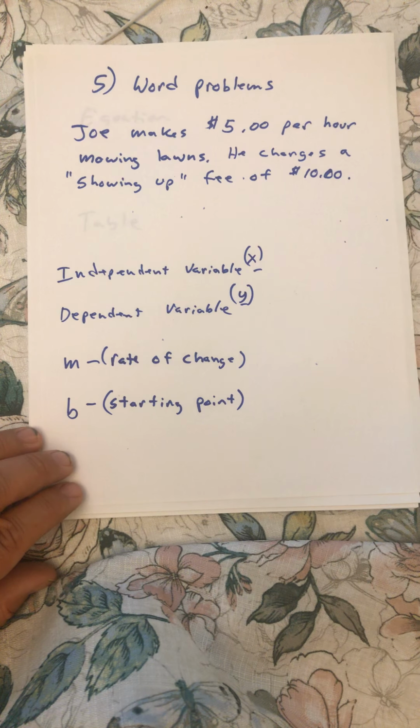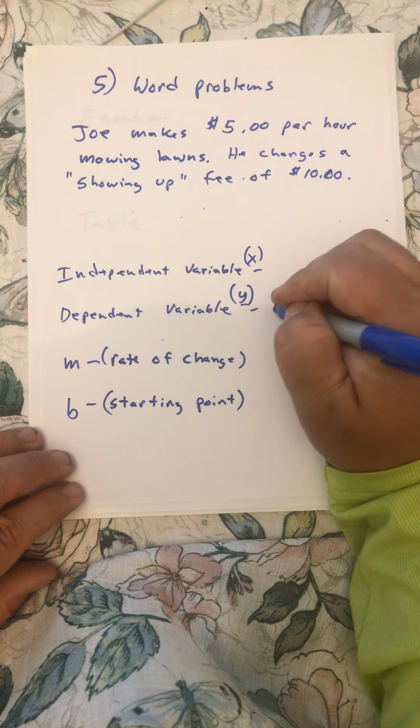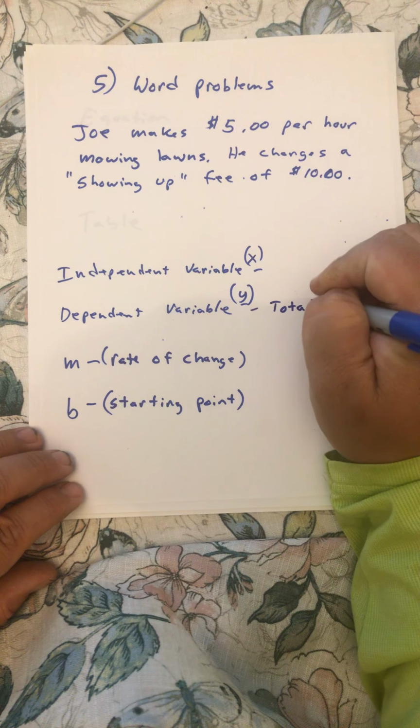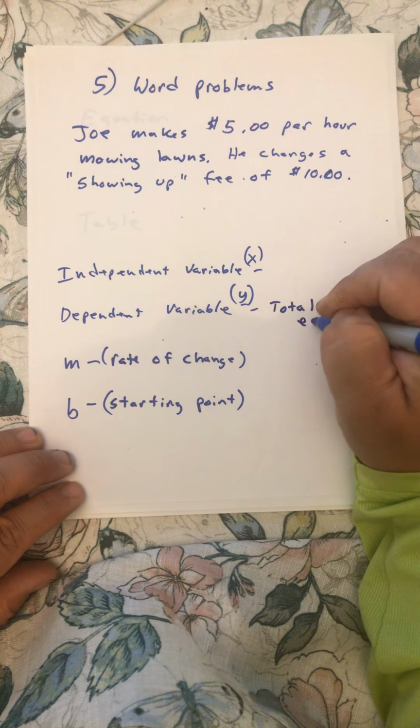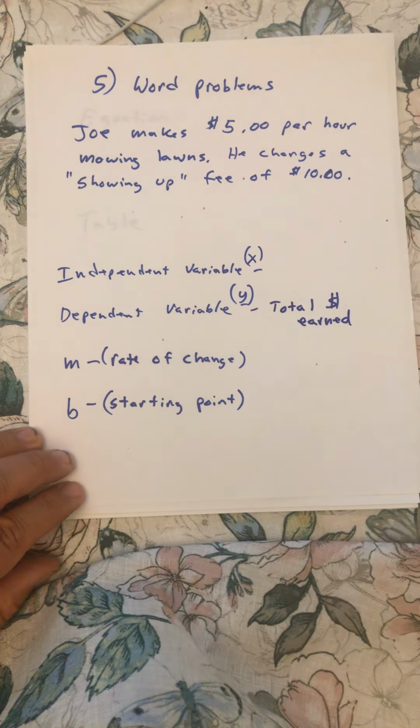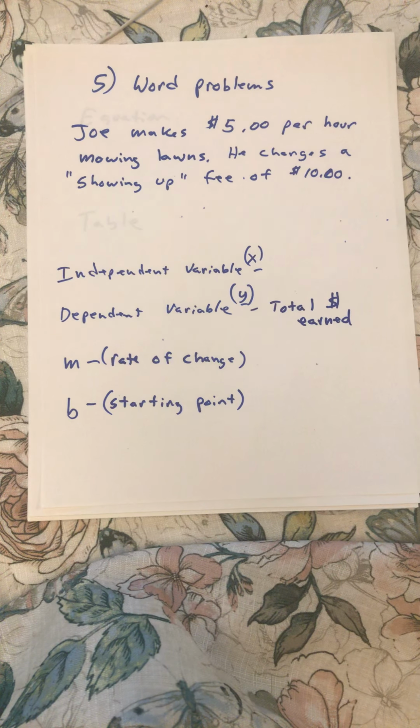So I always like to do the dependent variable first, because that's your outcome. What do you want to achieve? Well, if I'm Joe and I'm mowing lawns, I want to know my money. How much money am I going to make? So that could be my descriptor: total money earned. After each job that Joe completes, he wants to know how much money he makes. His independent variable: what is going to determine how much money he makes?